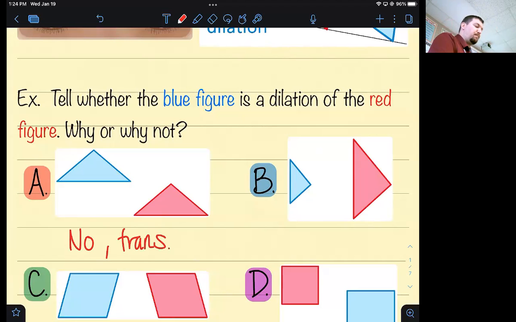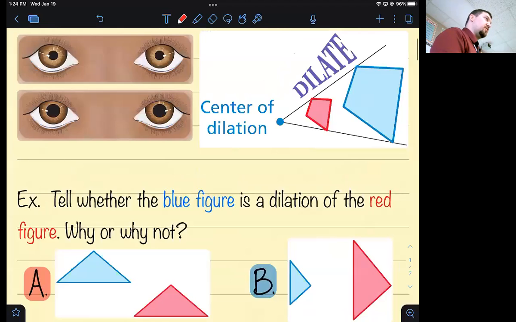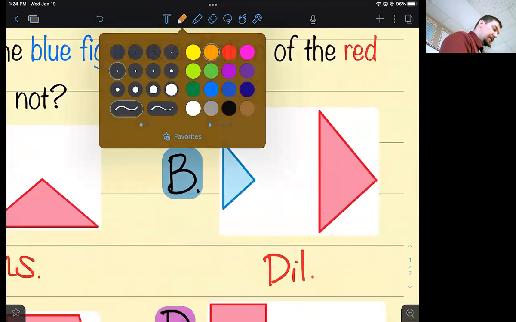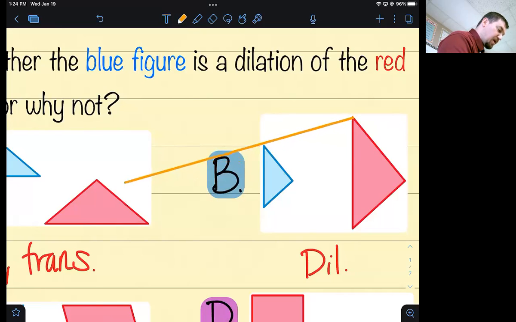What about example B? Is the blue triangle a dilation of the red triangle, Lucy? Yes, it is. This one is a dilation. In fact, I'll show you where the center of dilation is. And you can do it too if you draw these lines. So if you draw a line that connects the top vertex of both triangles, I'm going to draw it all the way out here.